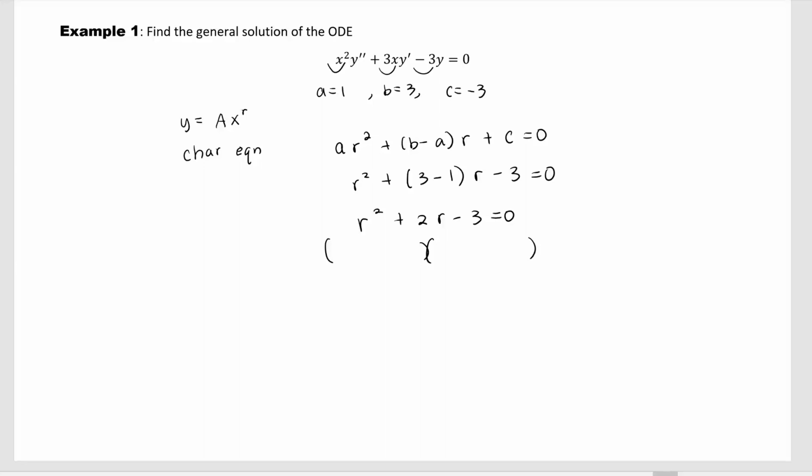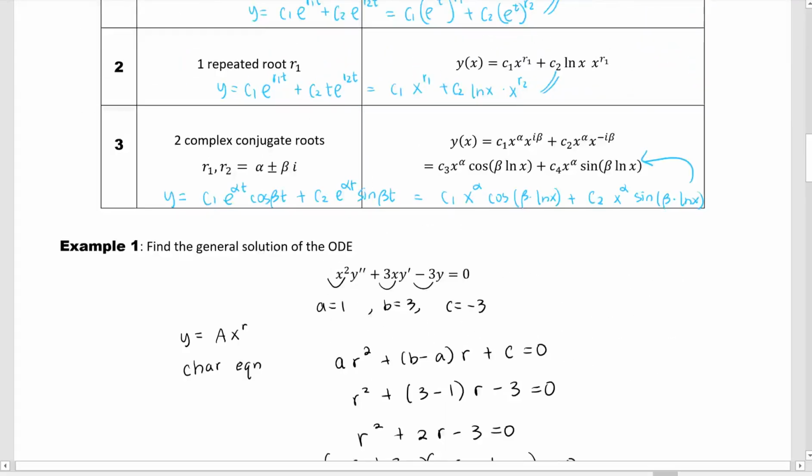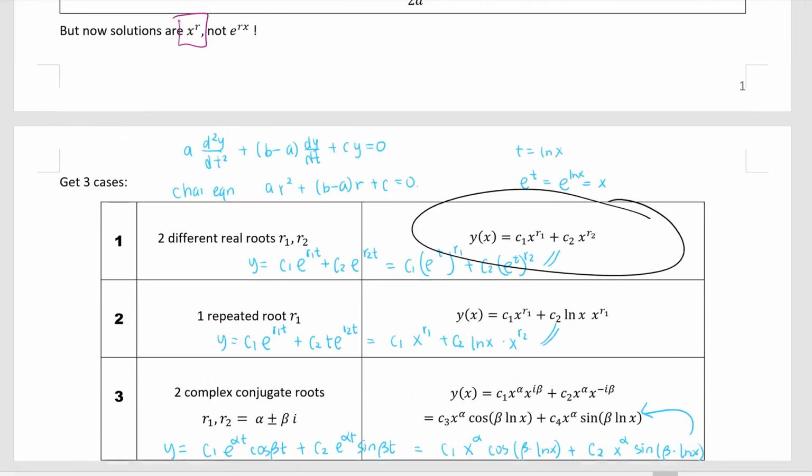So how do we factor it? Plus 3, minus 1, right? So r equals negative 3, r equals 1. So we have two real roots. If we have two real roots, what is the formula for it? We use the first set of formulas.